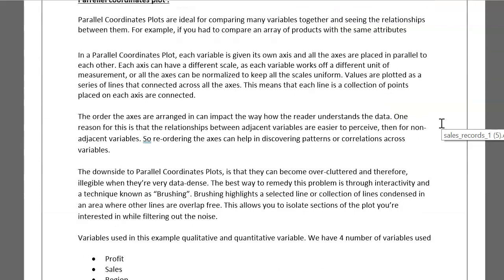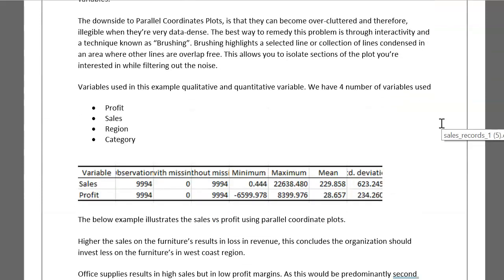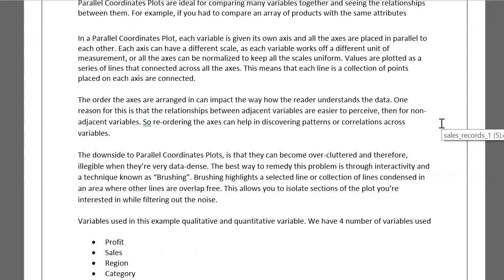The next one will be the parallel coordinates plot. In a parallel coordinates plot, we compare each variable as an axis. Each has its own axis, parallel to the others, on a different scale. So here we are comparing quantitative variables as well as qualitative variables.